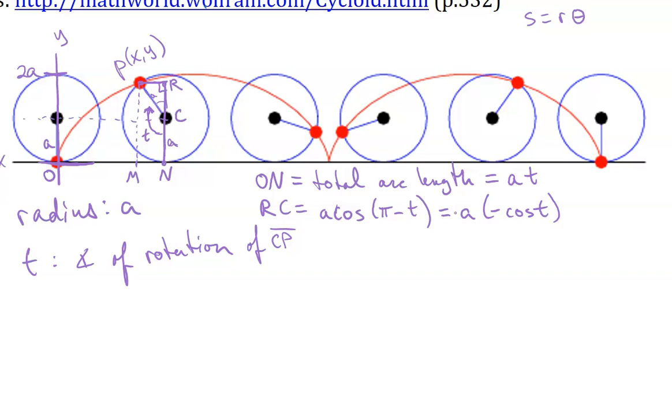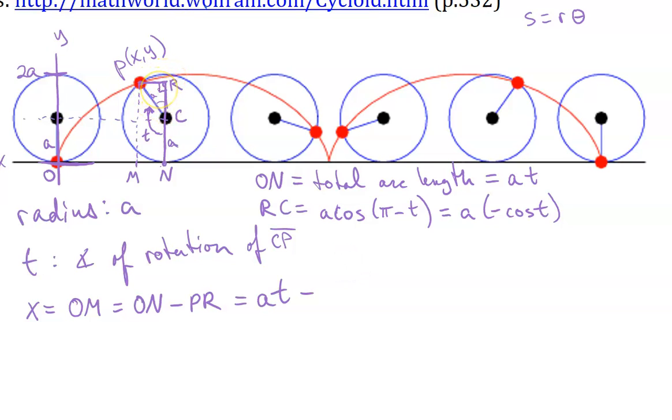All right, so now for x, the x function, or the horizontal distance here, is the length OM. That's going to be equal to ON minus PR, so the total arc length traveled by this point minus this distance right here, PR. ON we wrote up here is AT, and PR is this horizontal distance.